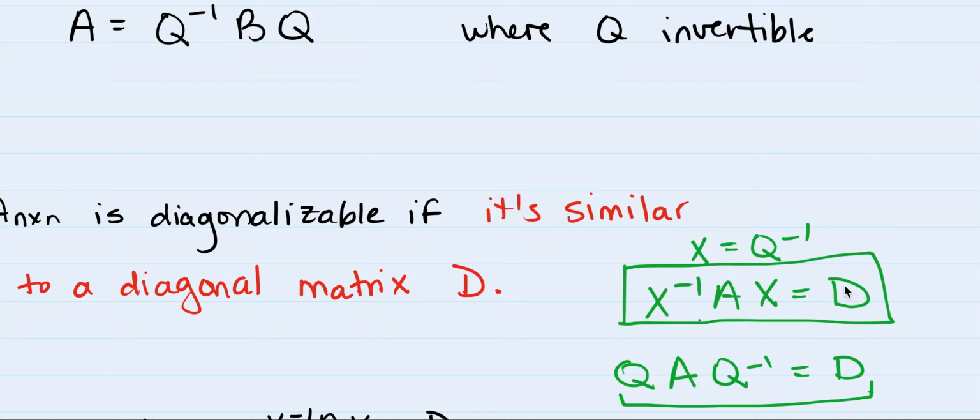They actually solve for the diagonal matrix, and they say A is similar to D, or A is diagonalizable if you have this property. But again, you could leave it like A is equal to Q inverse DQ, or in the case when we involve X, A is equal to X D X inverse.